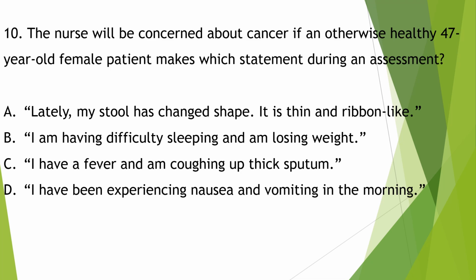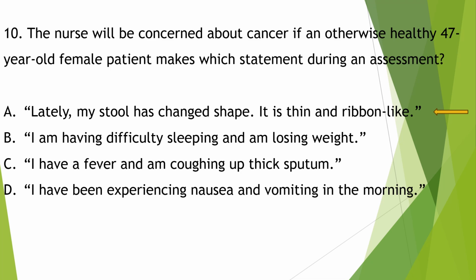A change in stool shape to thin and ribbon-like may indicate obstruction from a tumor. Difficulty sleeping can be because of menopause. Fever and thick sputum may be because of a cold or flu. Nausea and vomiting may be because of a viral or bacterial infection. Here, the best suited answer is, my stool has changed shape, it is thin and ribbon-like.